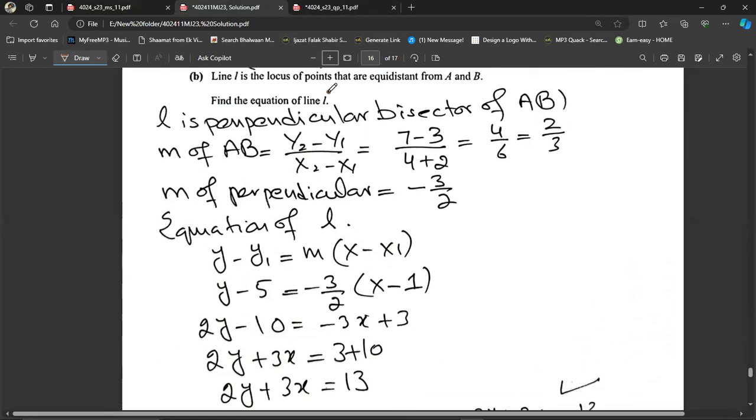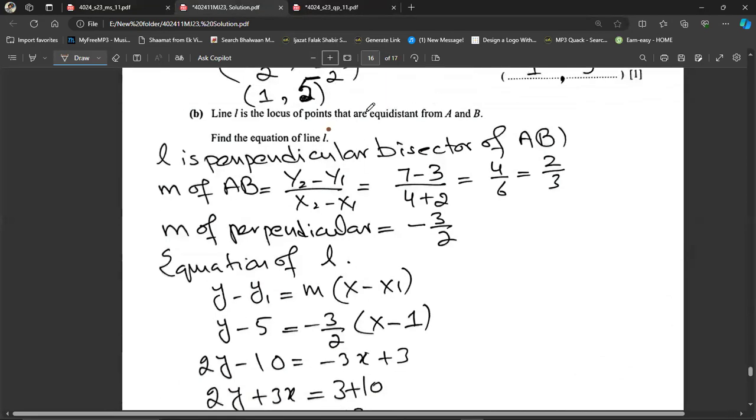From this statement, I know that this is a locus, and it means L is the perpendicular bisector of AB. The gradient of AB, you know the formula for the gradient is y2 minus y1 divided by x2 minus x1. So for AB, 7 minus 3 divided by 4 plus 2, that is 4 by 6, that is 2 by 3.